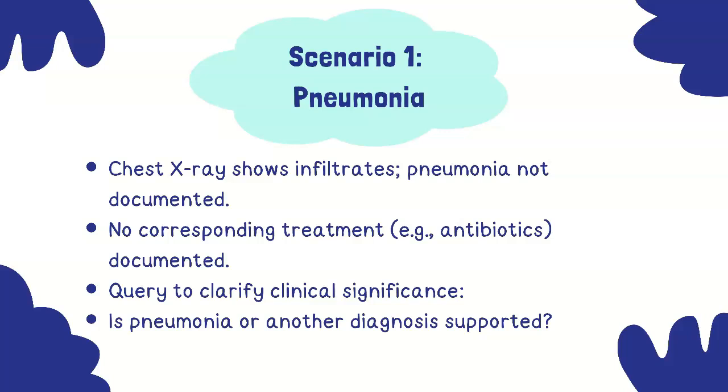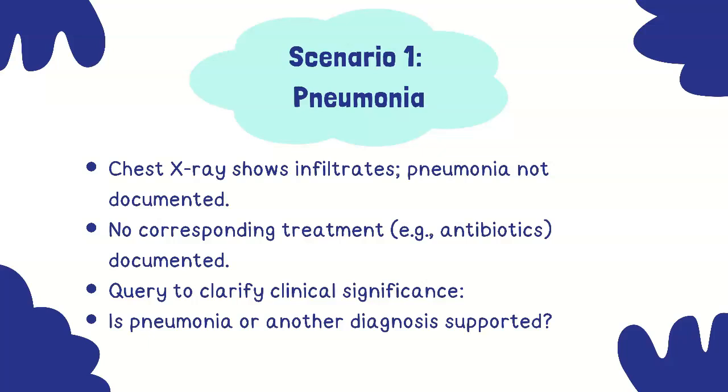The query should ask whether the provider clinically diagnosed pneumonia or another condition based on the imaging and the symptoms. So you need to present all the facts, right? In the Merck manual, one of the things they talk about is, for each disease, they go over the signs and symptoms, etc. And so you need to put the pieces together to present, right?